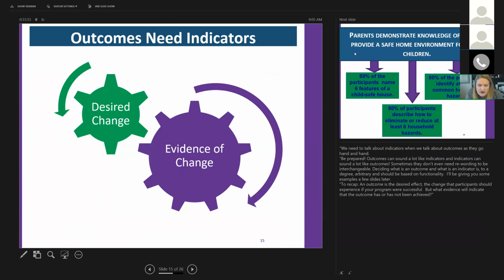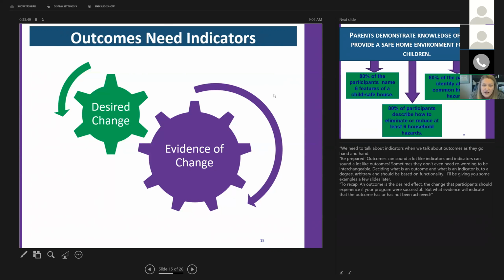Within the program, beyond what the funder determined. So here's the thing, Annette. Annette's question was really around, is this meant for programs to set outcomes and goals within their program beyond what the funders determine?